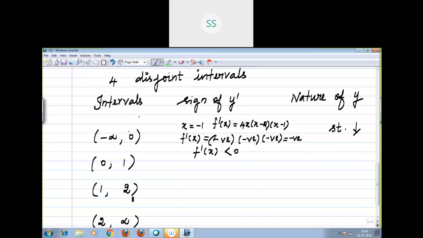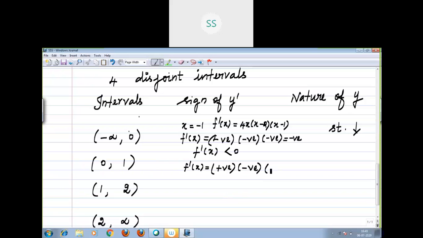That means you can take 1 by 4, 1 by 2 and 3 by 4. Right? If you are substituting x is equal to 1 by 2, what is your answer? You see here, f dash of x at x is equal to 1 by 2 means that is positive. 4x will act as positive, x minus 2 will act as negative because 0.5 minus 2 is minus 1.5.